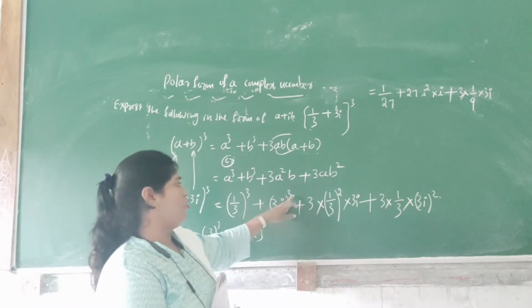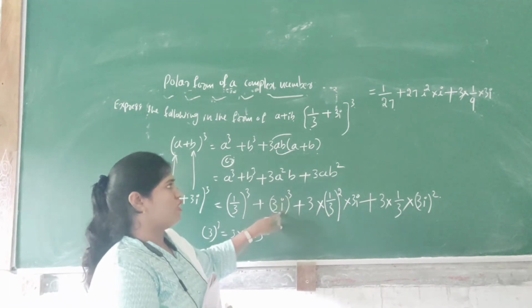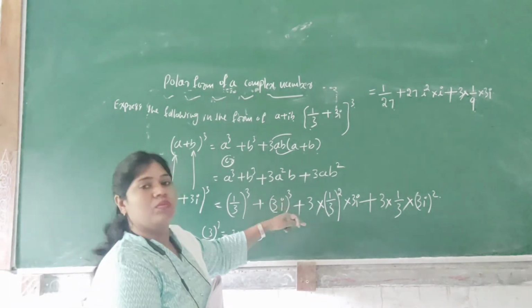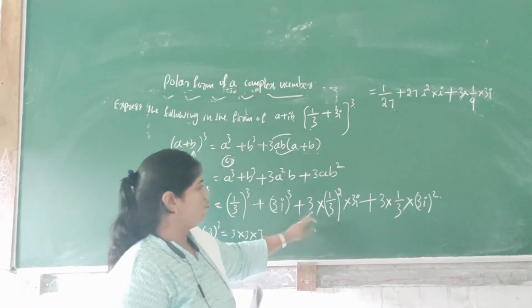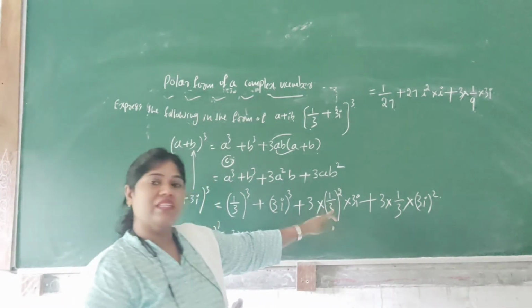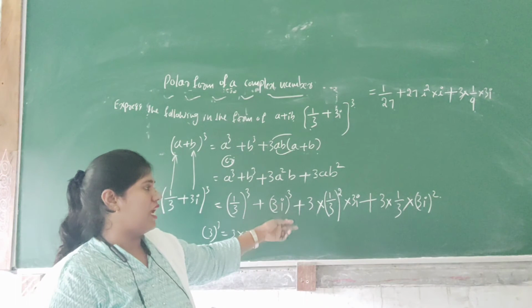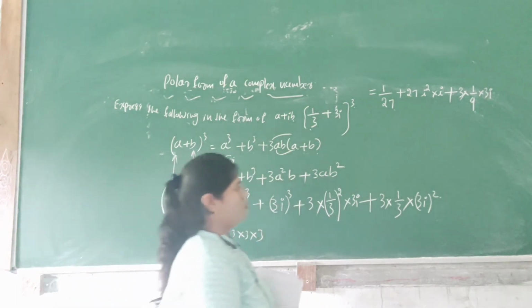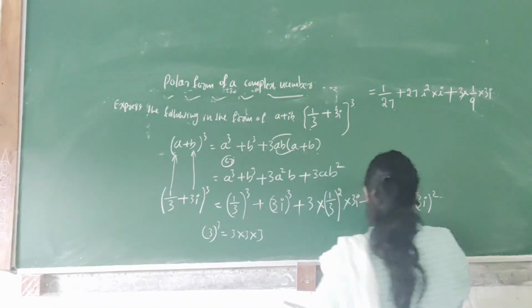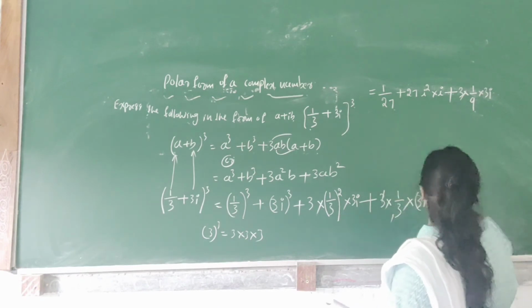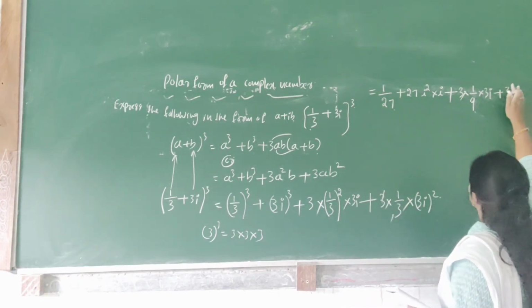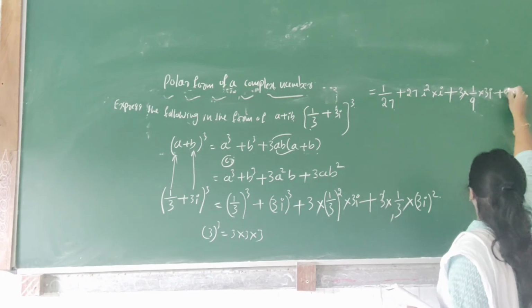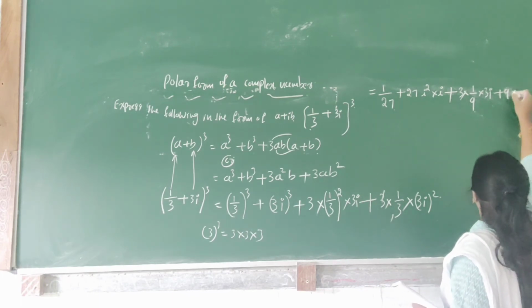3 cube is 27, i cube can be written as i square into i, plus 3 into (1/3) whole square is 1/9 into 3i. These two will get cancelled off. Plus 3 square is 9, no? 9 i square.